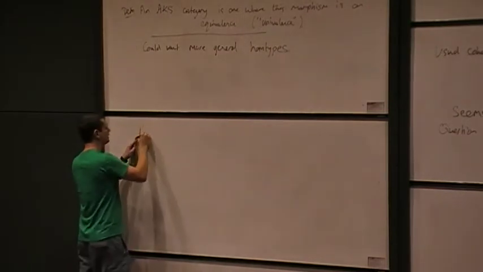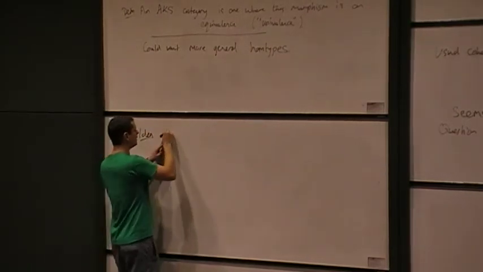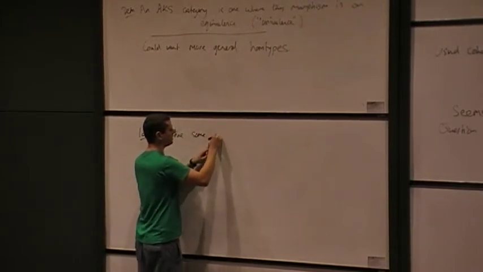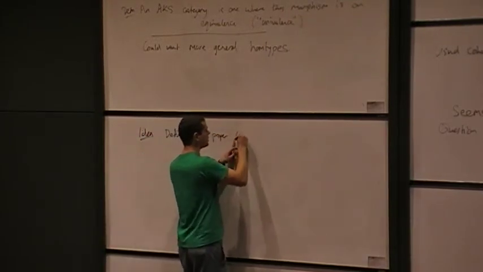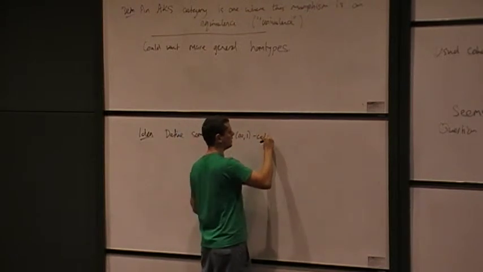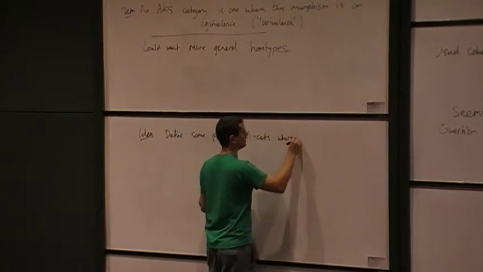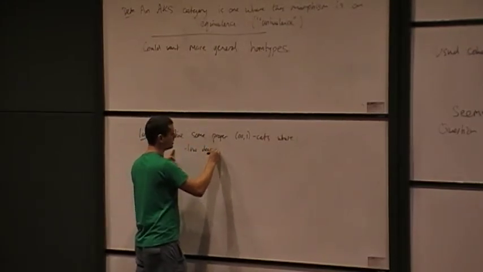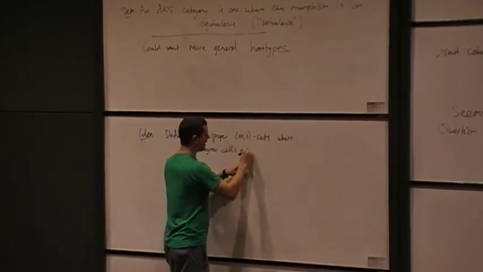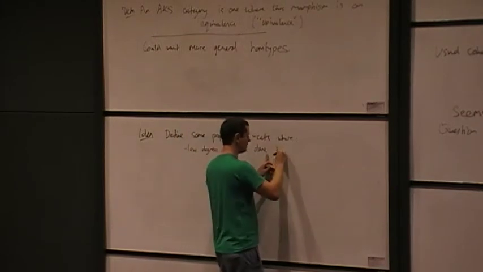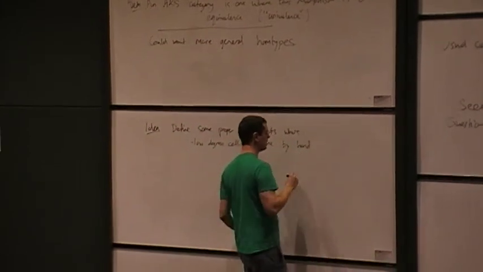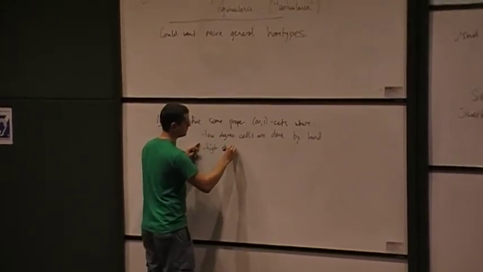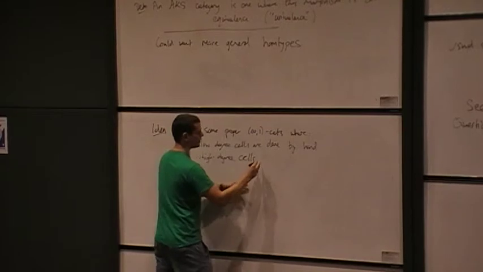So the idea: define some proper infinity 1 categories where low degree cells are done by hand and high degree cells are done by type.